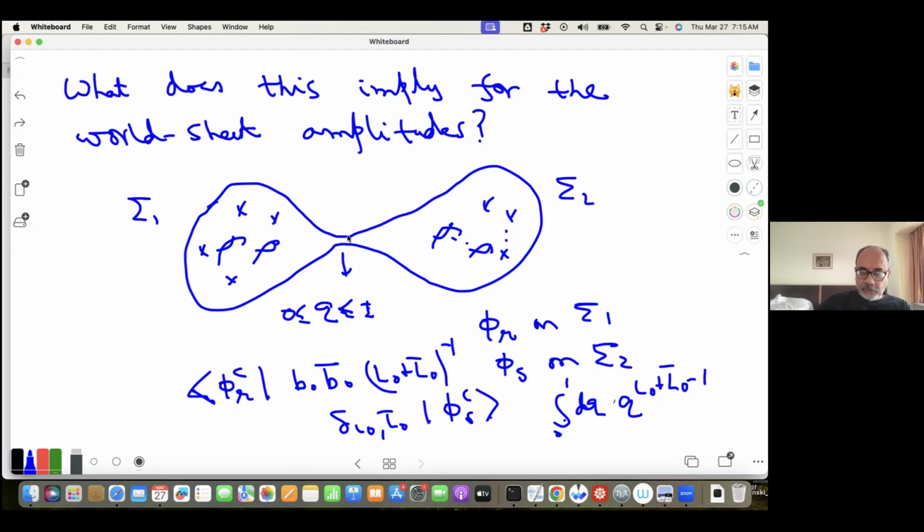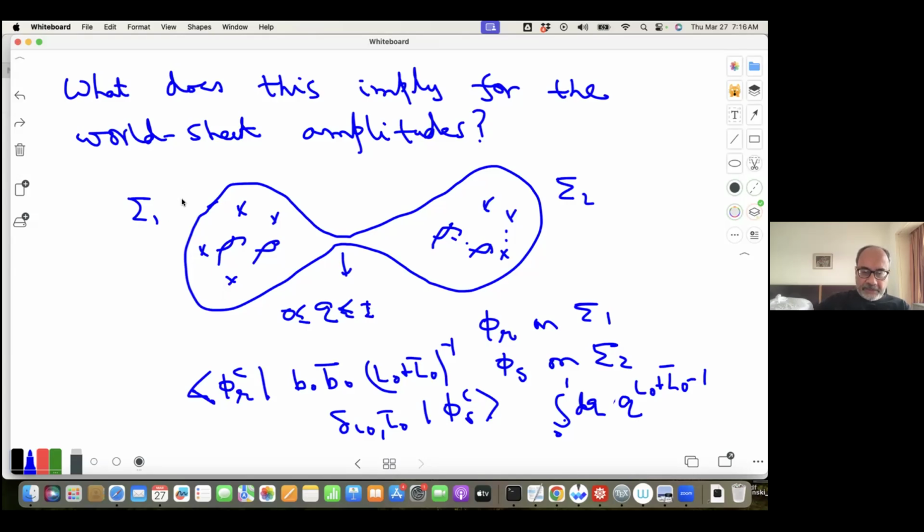But we have to make sure that whatever extra data we are providing should also be consistent with this factorization. And the extra data in this case corresponds to the location of the picture changing operators. That's certainly extra data, because the worldsheet doesn't tell you by itself how you should choose the location of the picture changing operator. That is something that we specify, because that's the choice of the section.